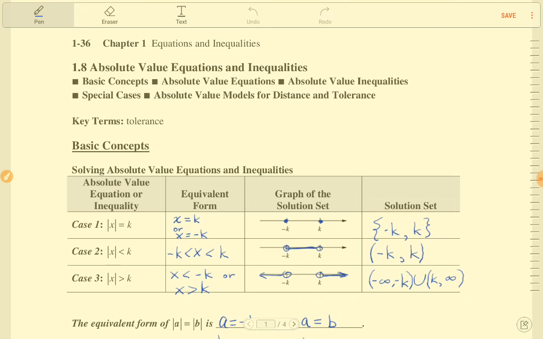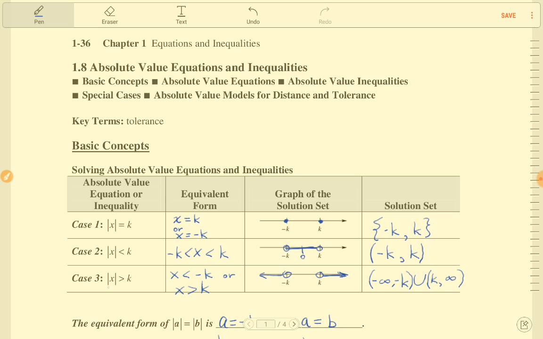In the first one, when I introduced absolute value equations and inequalities, I went over these 3 cases. Case 1 is an equal sign, where you could have 1 or 2 answers. Case 3, where you can have a distance from 0 that is less than a certain amount, so you go to your endpoints and you would be trying to get closer to 0 rather than farther.